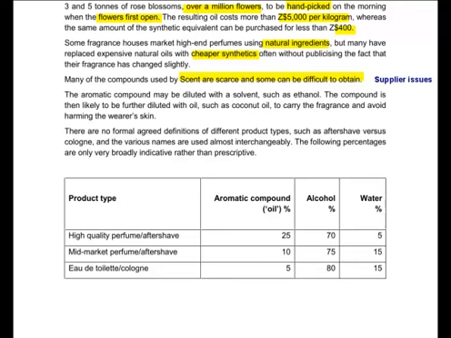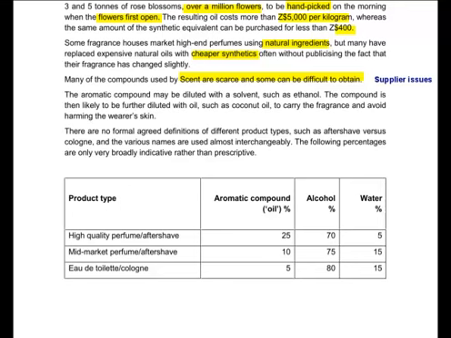Now moving on to the breakdown of the product. As you can see, there are three main ingredients: alcohol, water, and the aromatic compound. So this is that natural or synthetic scent, the key ingredient in the fragrance.